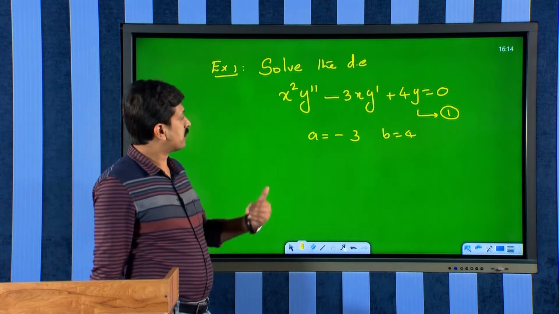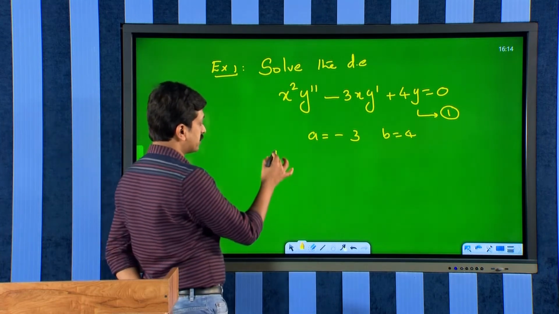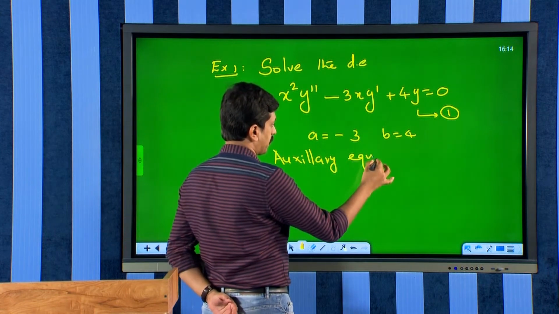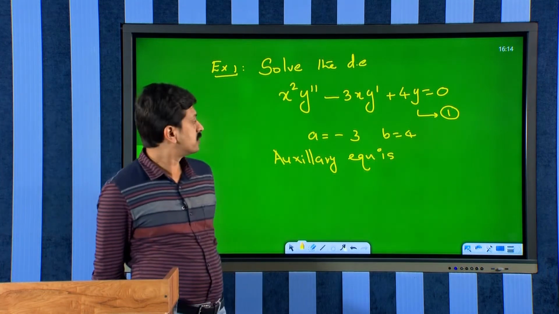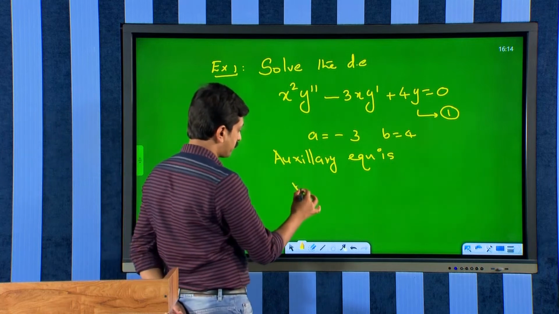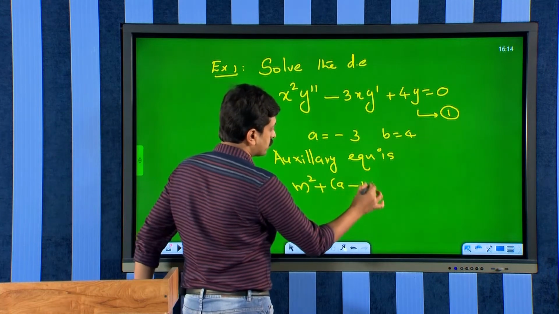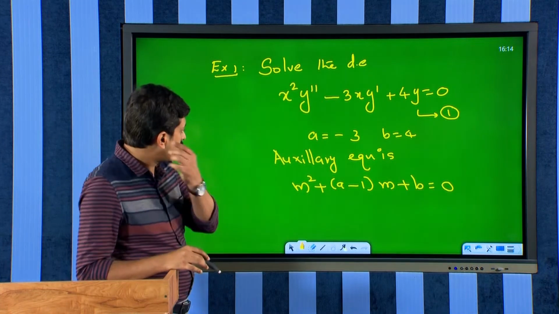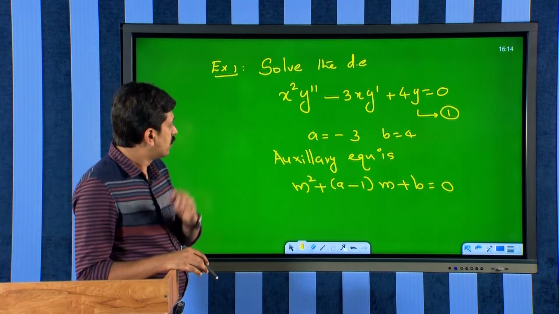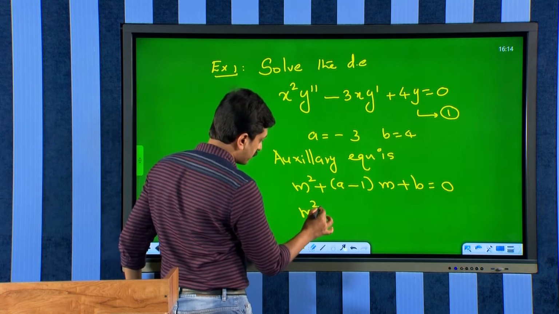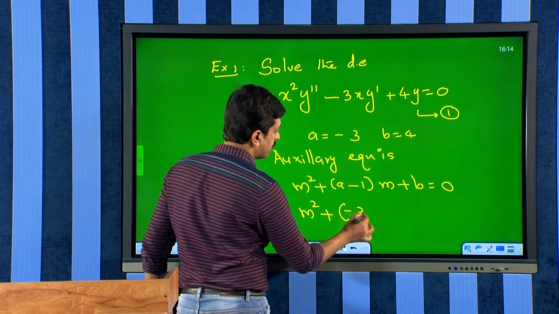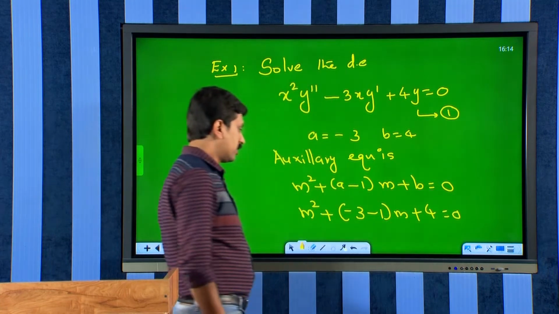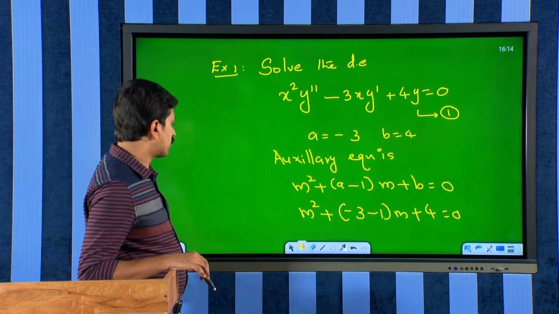We will write the auxiliary equation. The auxiliary equation is m square plus (a minus 1) into m plus b equal to 0, that is m square plus (minus 3 minus 1) into m plus 4 equal to 0.